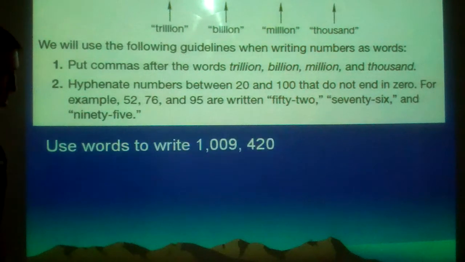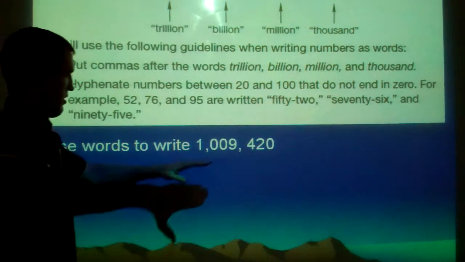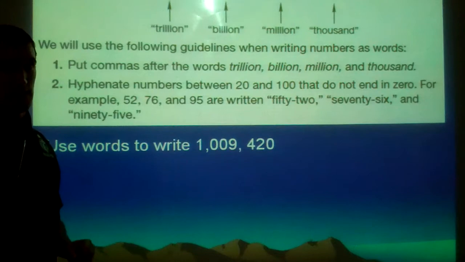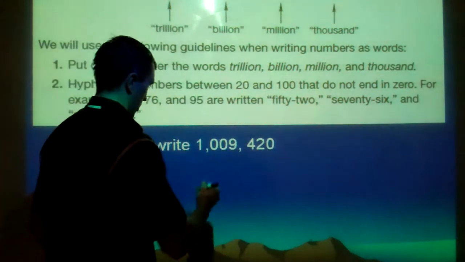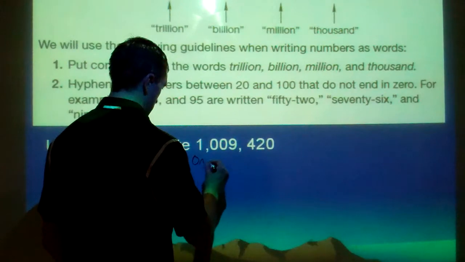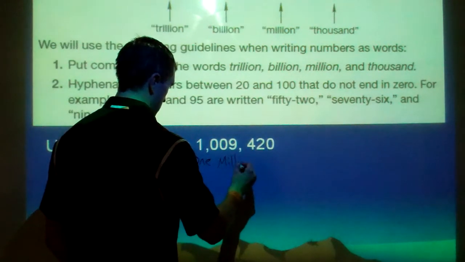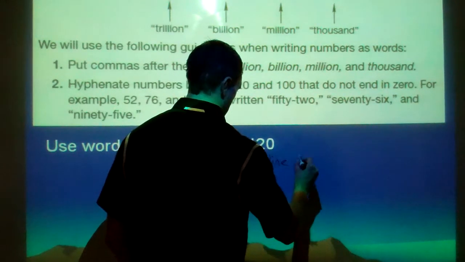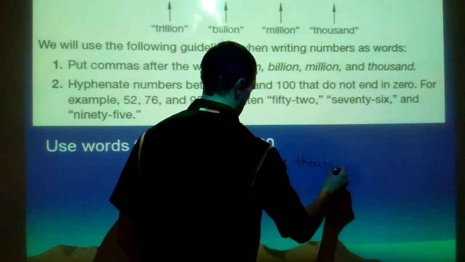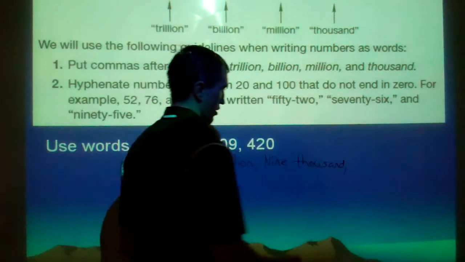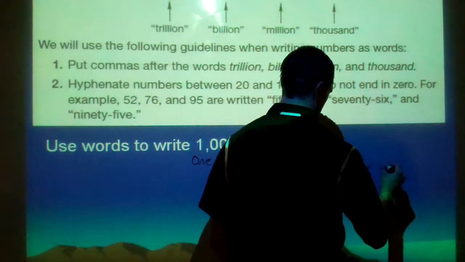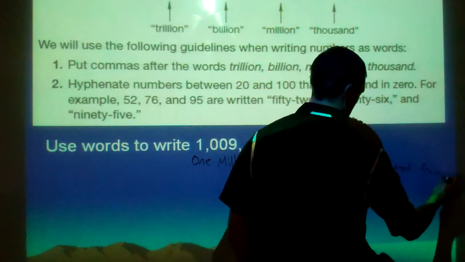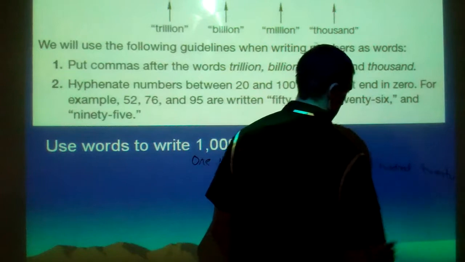Alright, so we're going to use words to write out 1,009,420. It's basically exactly how you say it. So we're going to say one million, nine thousand, four hundred twenty.